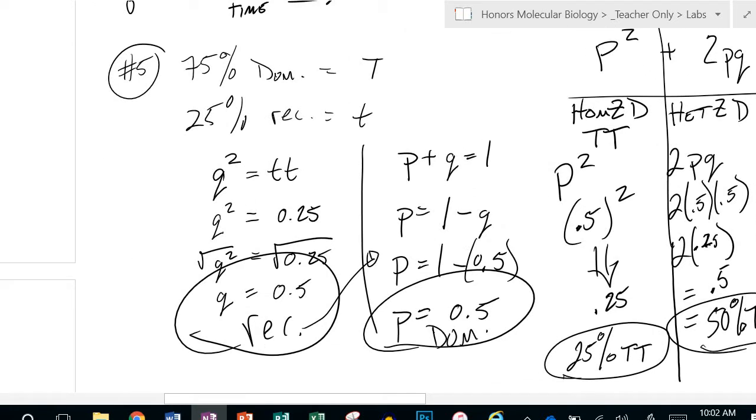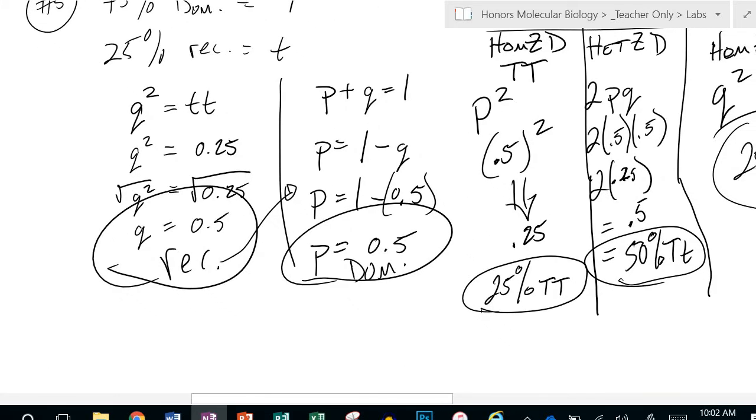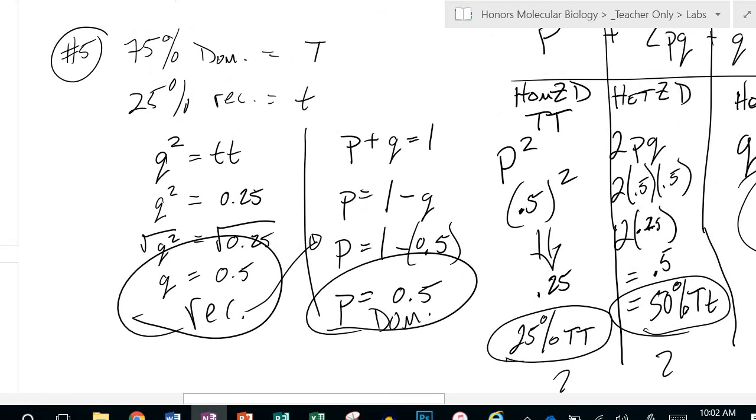So again, a little review. We started off here knowing what the two percentages were. We knew that it was 75% dominant, but what we had to calculate were these two things. And now that we know what they are, we know what the division is between them.